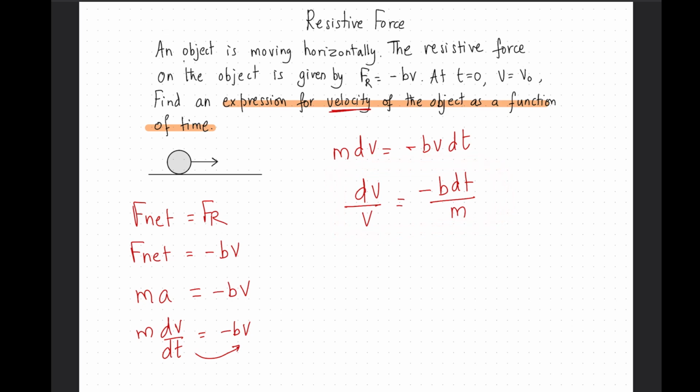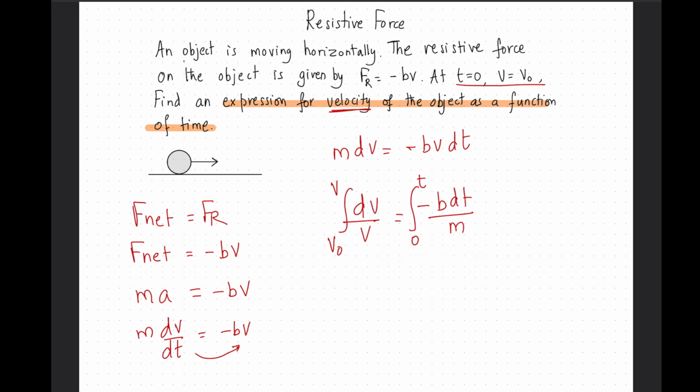Now I am going to integrate both the sides, and I'm going to put in the limits. So I know that the limit for time is 0 to t, and at time equal to 0, they said that velocity is v0, so we'll write v0 to v. That's the limit for both the sides. Let's just put this down to see it clearly.